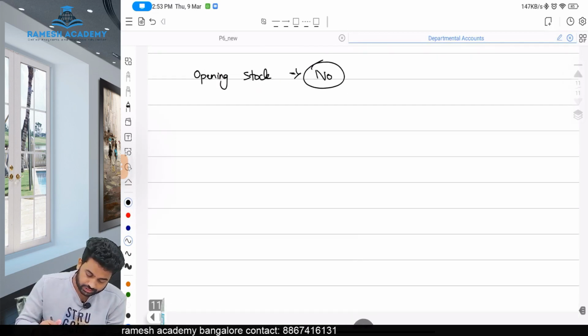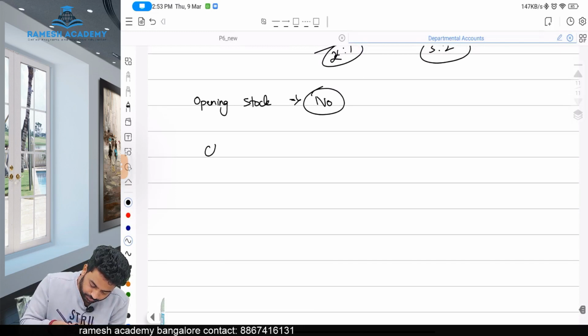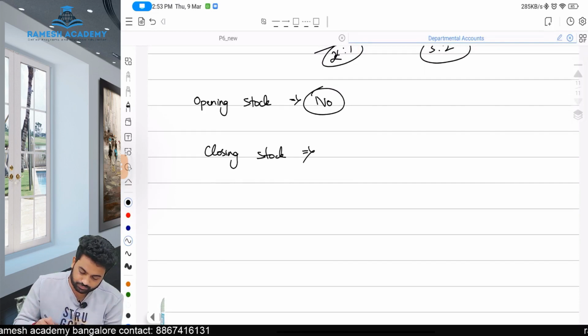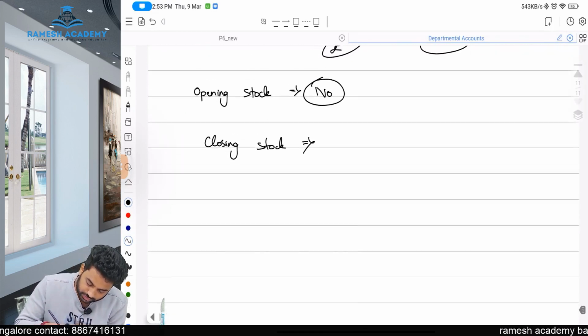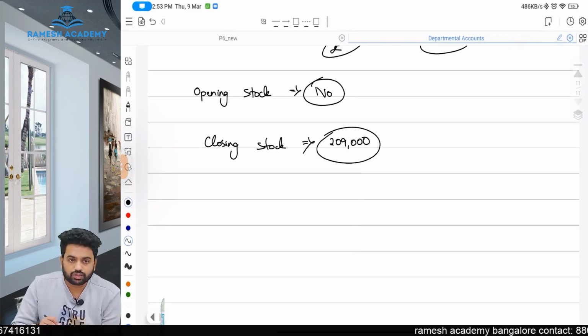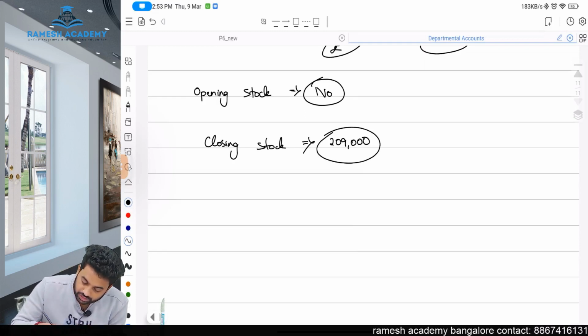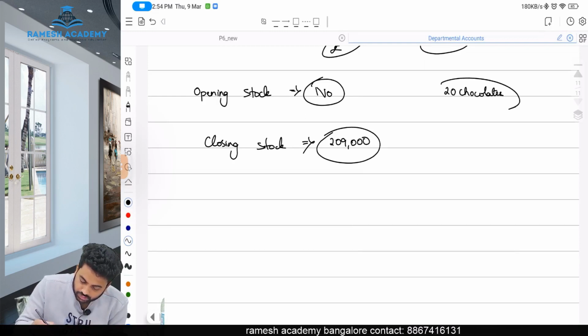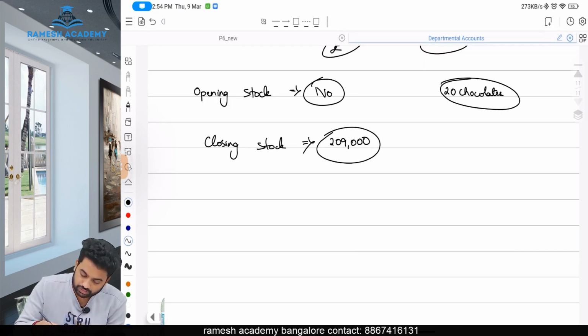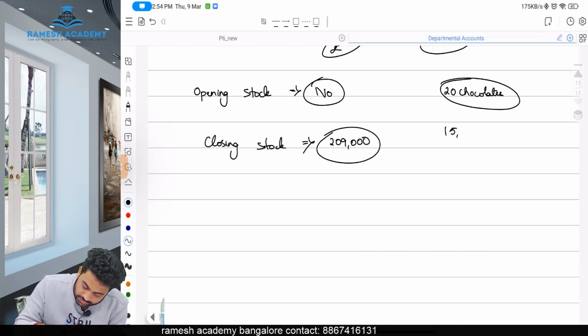Fine. Next, closing stock. Closing stock is 2,09,000. Now listen to one thing carefully. Your dad gave you 20 chocolates. Your mom gave you 15 chocolates. Same chocolates, okay?